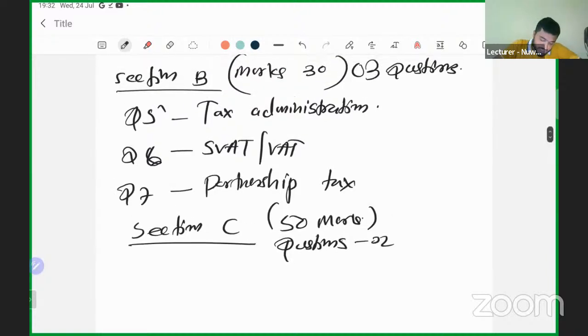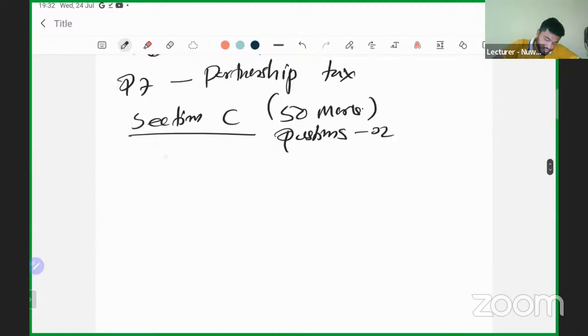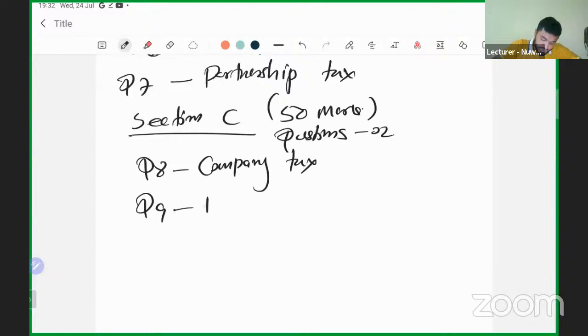Therefore, it is better to start with the last 2 questions, question number 8 and question number 9. Question 8 is company tax. Question number 9 is individual tax.